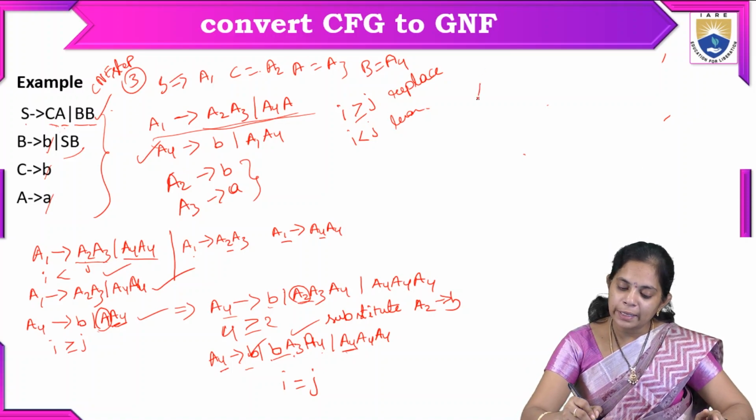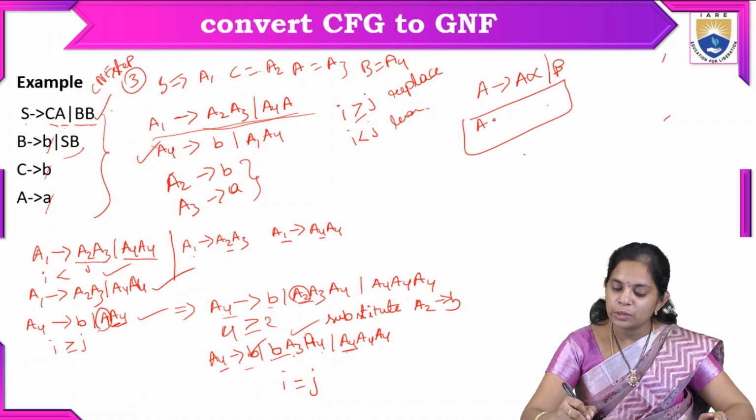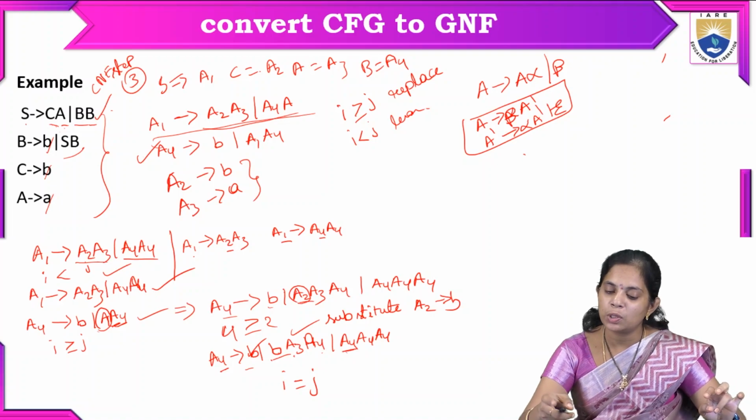So here, suppose A tends to A, these two values are same, two non-terminals, followed by alpha, and beta is there. We need to write the formula like A tends to beta A dash, and next A dash tends to alpha A dash slash epsilon. So we need to write these two steps to remove the left recursion.